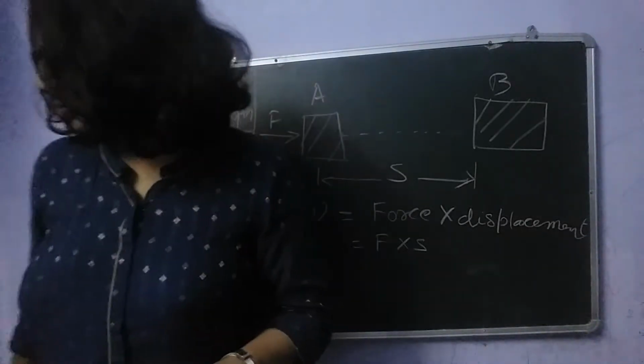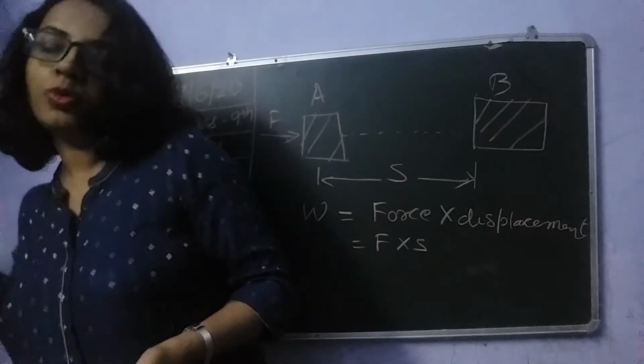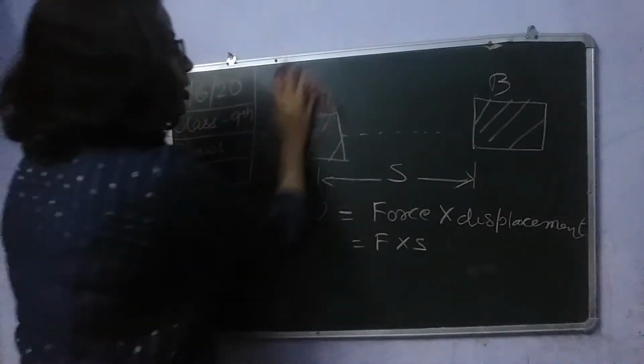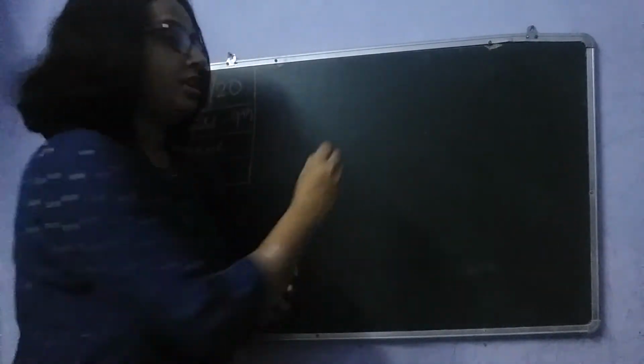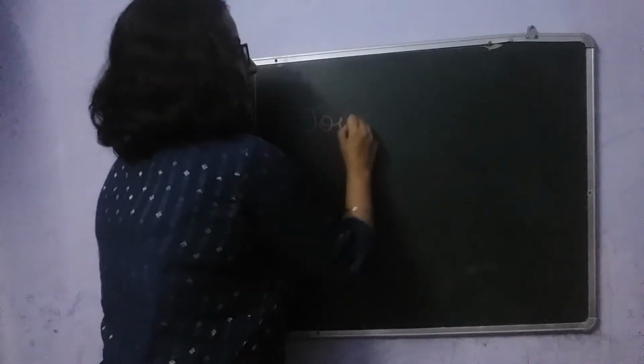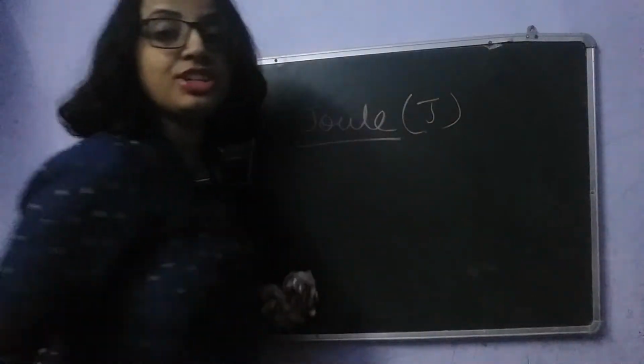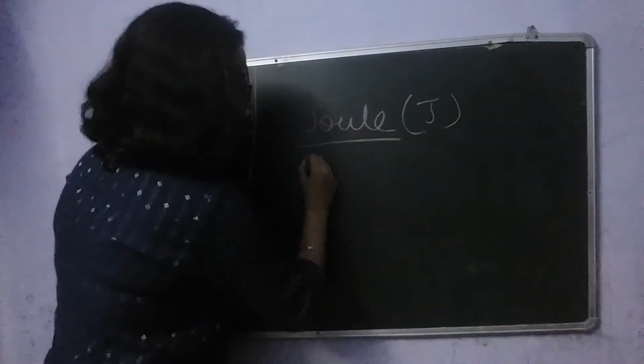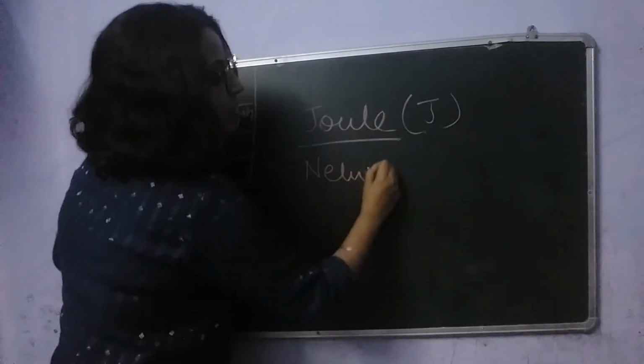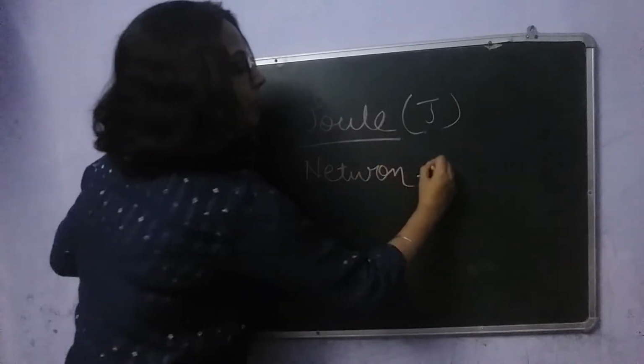So now, what is the SI unit of work done? Generally, work done is represented by the SI unit joule, denoted by J, and it also has another SI unit, Newton meter.